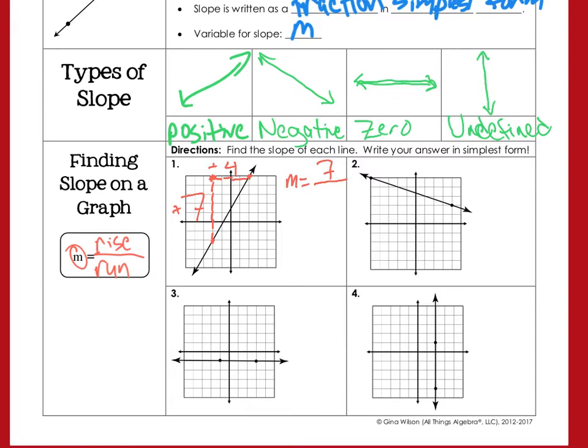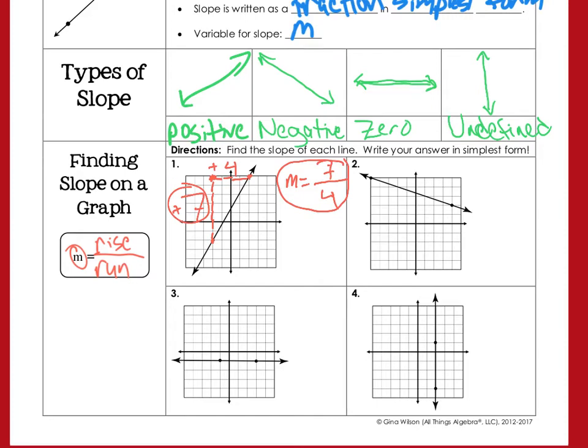That means that this is a positive 4. And I put that here. So I have my rise, which is my vertical change, in the top. And I've got my run, which is my horizontal change, in the bottom. And I can't simplify 7 over 4, can I? No, they don't have a number in common other than 1. So that's where we are left at.